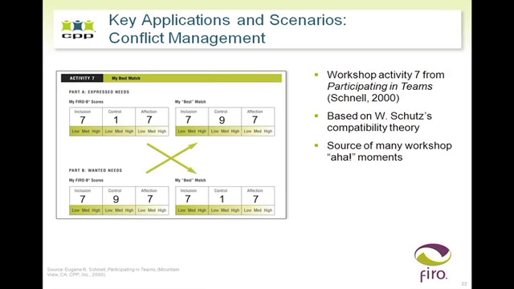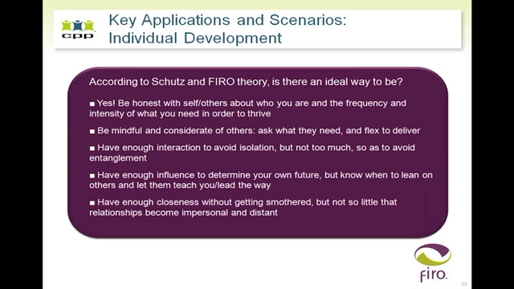And speaking of ahas, here is what Schutz would say to the question, as far as FIRO is concerned, is there an ideal way to be? And Schutz was very big on this. He said, yes, it's all about honesty, about knowing yourself, and being aware of the frequency and the intensity of those need areas for inclusion, control, and affection.